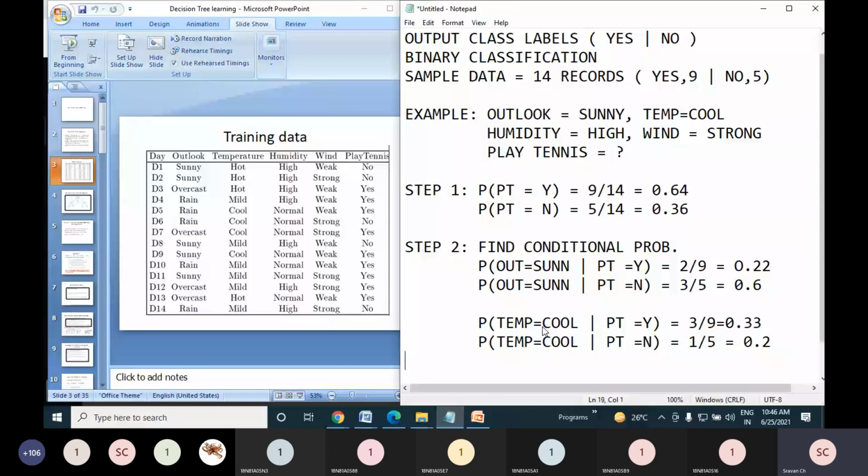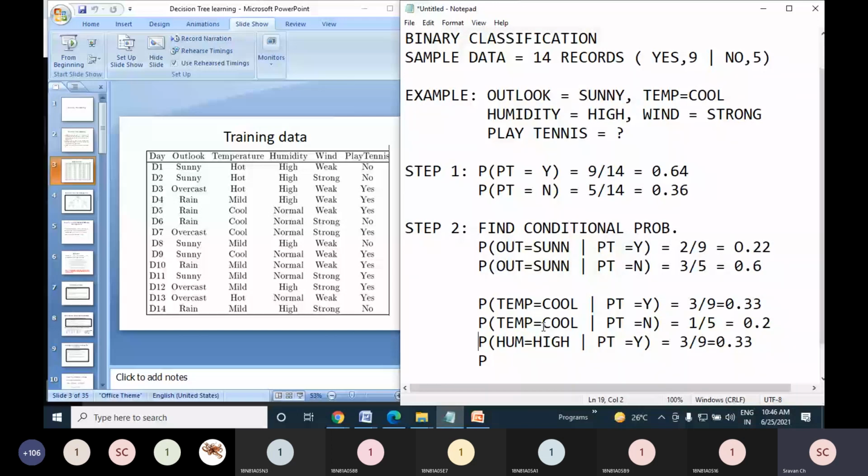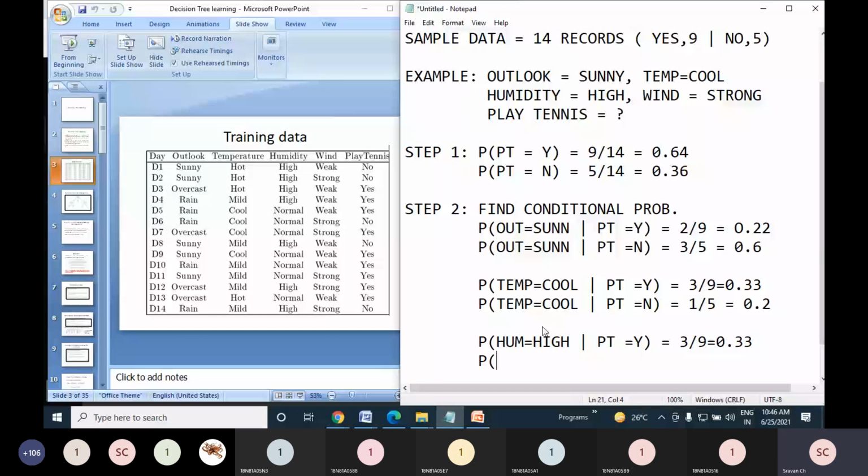Humidity is equal to high and PT is equal to yes, which is 3 by 9 and it comes somewhere around 0.33. Similarly, humidity is equal to high and PT is equal to no, and the answer comes around divided by 5 cases.